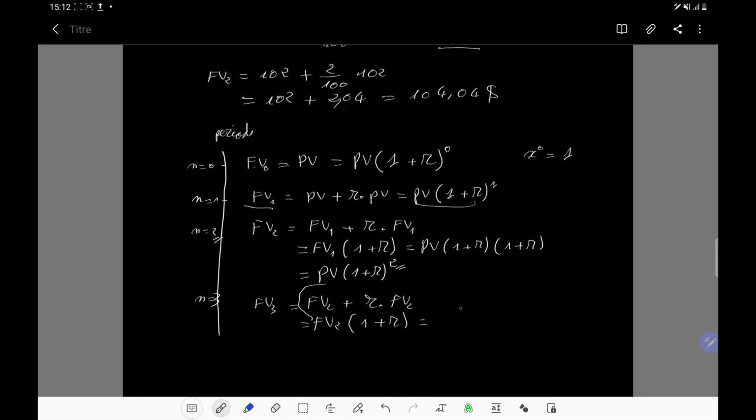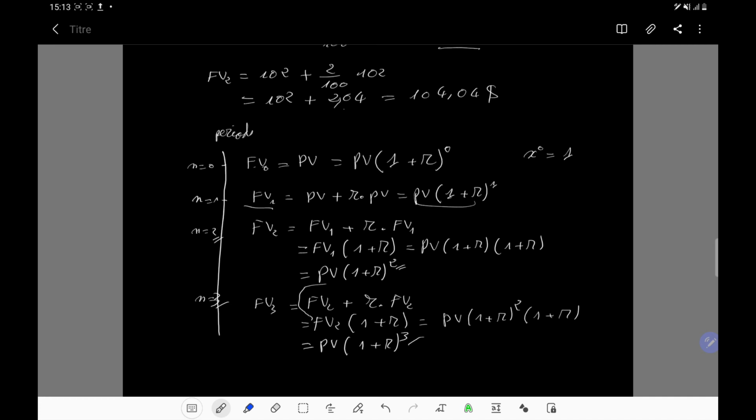Okay, it's equals present value times 1 plus r to the power of 2 times 1 plus r equals present value times 1 plus r to the power of 3.